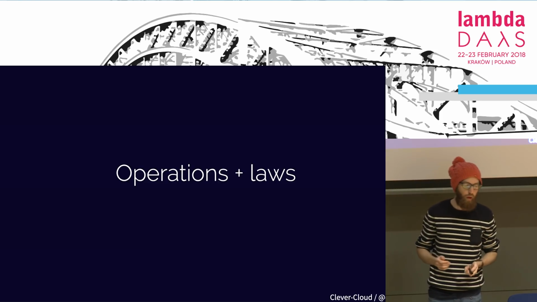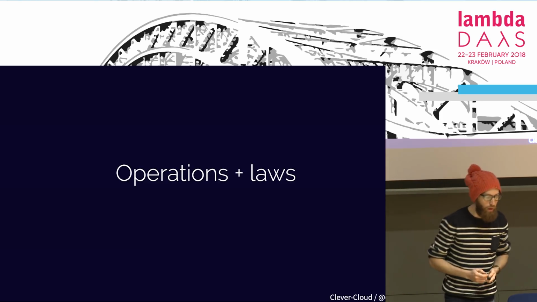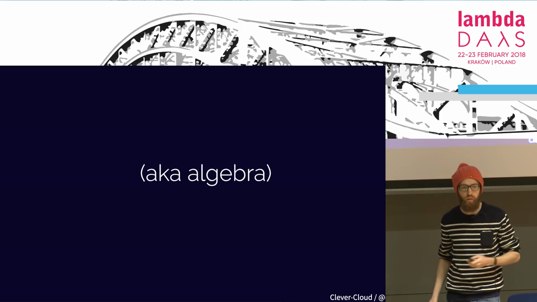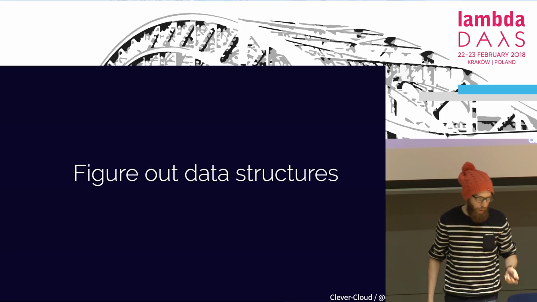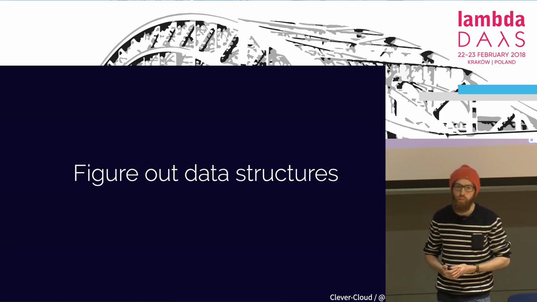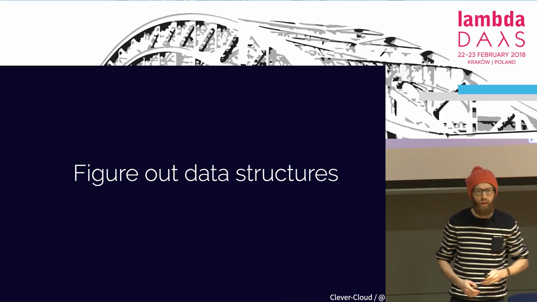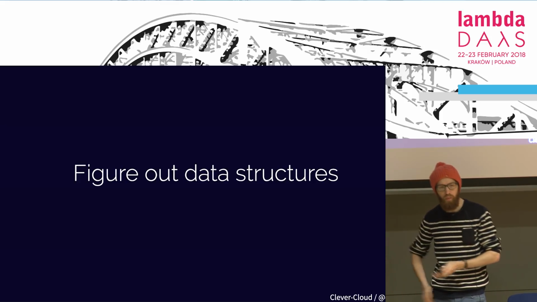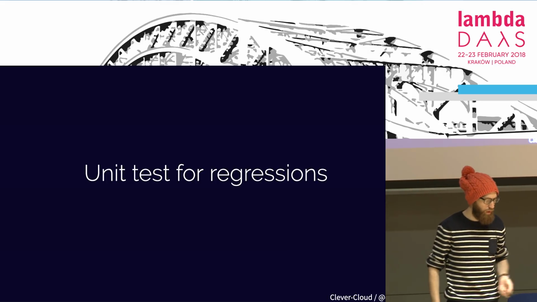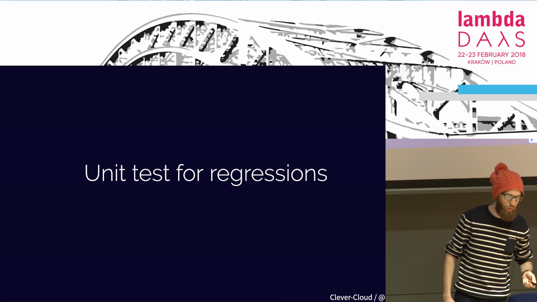And if you want to sound smart and sound mathy, you say, yeah, I got an algebra. But it's just function types with properties, nothing more. And then you can start figuring out data structures and doing the implementation. But it's the third step. Committing to a specific type is way late in the process. You can unit test for regressions if you want.